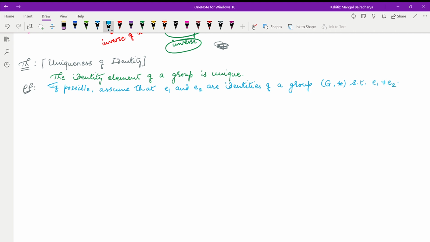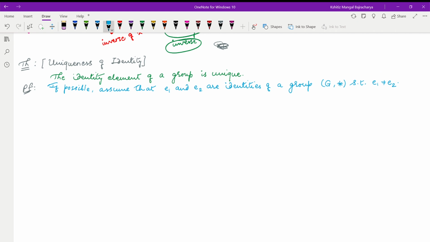So we're basically assuming that the identity is not unique, because had it been unique, E1 and E2 should have been the same element.